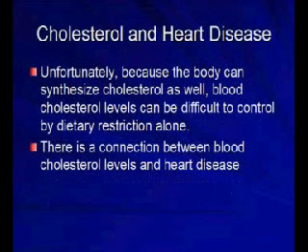Unfortunately, because the body can synthesize cholesterol as well, blood cholesterol levels can be difficult to control by dietary restriction alone. Again, later in the lecture series, you will have a lecture concerning cholesterol and its relationship with heart disease.